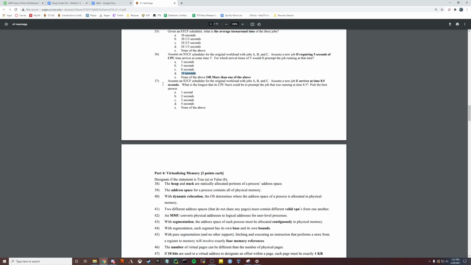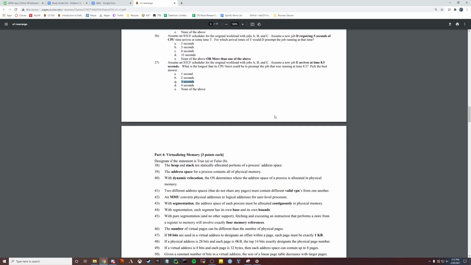So 37 should be C, 3 seconds. I feel like we would have gotten that if we had been looking at the correct diagram. Overall, I think our answers were pretty accurate, and if this was considering round robin, we would have gotten that correct. So yeah, I agree. Okay.